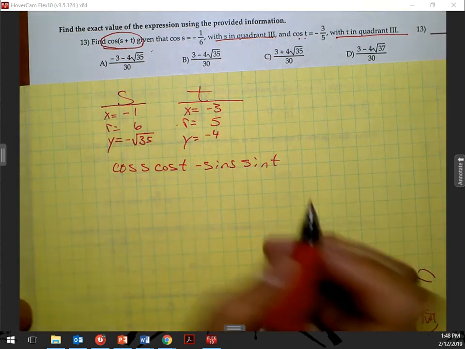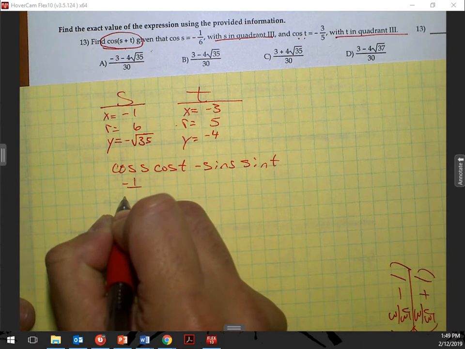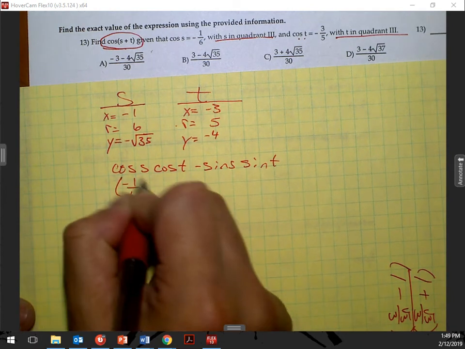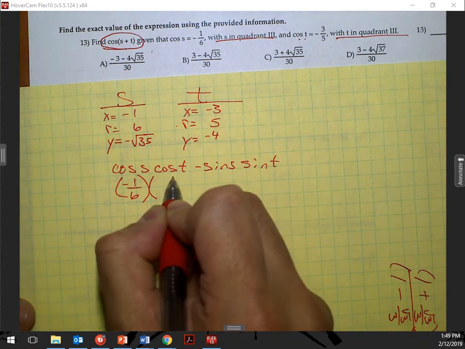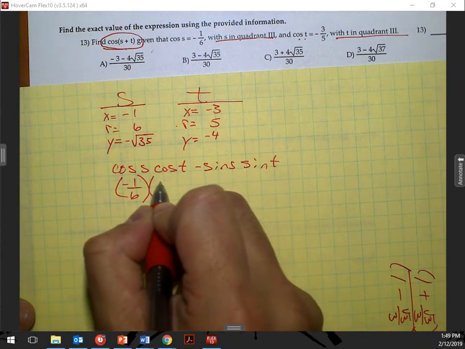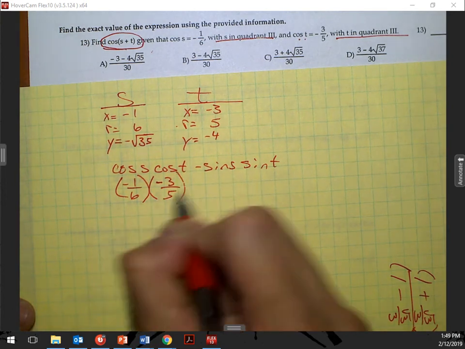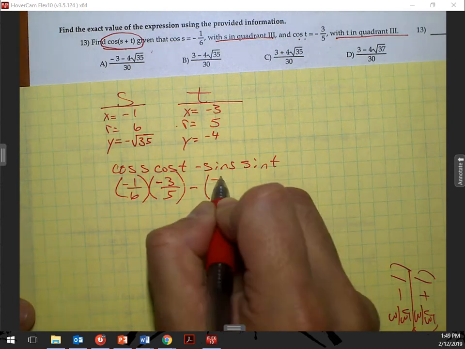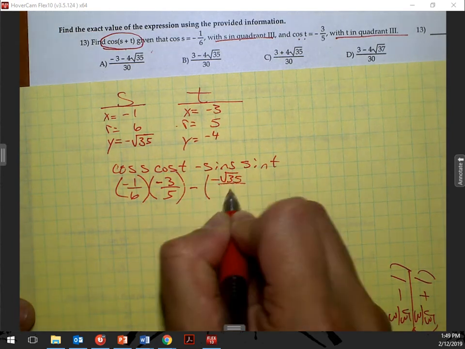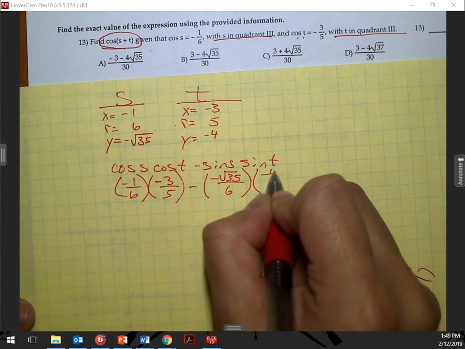All right, let's plug them in. So cosine s is going to be negative 1 over 6, right? Cosine t, negative 3 over 5. Minus sine s, negative rad 35 over 6, and sine of t, 4 over 5.